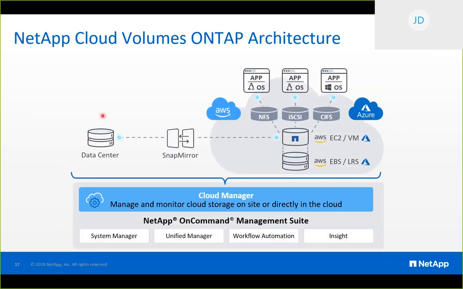You have your on-prem systems running ONTAP, using SnapMirror to connect to Cloud Volumes ONTAP, running in AWS or Azure, using these cloud resources, EC2, EBS, or virtual machines in LRS. Your Cloud Volumes ONTAP is serving up volumes and whatnot, and the protocols that you need running your apps.